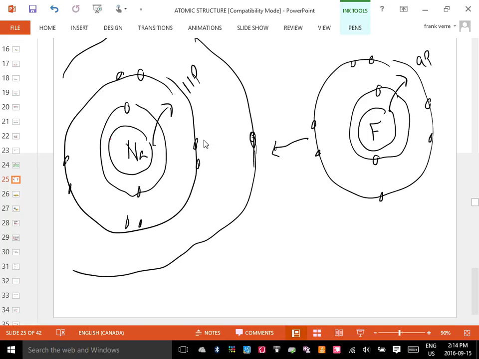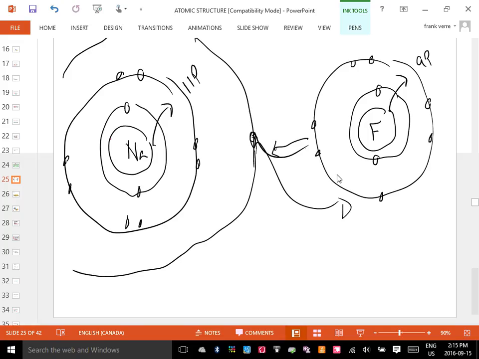Even though that electron belongs to sodium, it is so far away from sodium that when fluorine approaches, the nucleus of fluorine will be closer to the electron than the nucleus of sodium. And therefore, it would pull the electron into, well, I would pull it here somewhere.